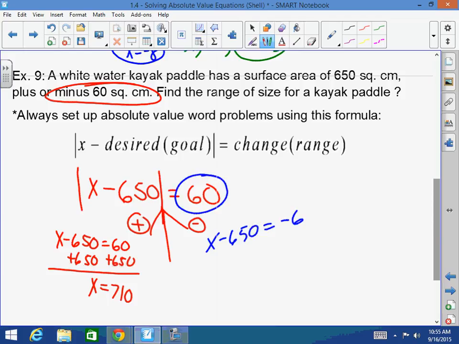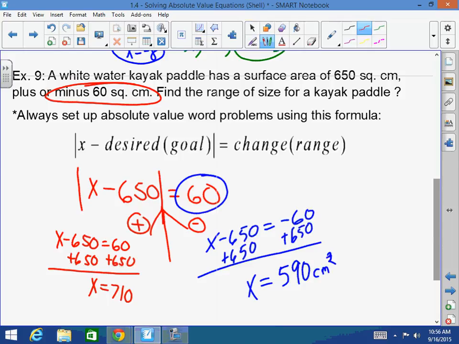Remember, I multiply the non-absolute value side by a negative. Add 650 to both sides, and x equals 590. And these are square centimeters, which you always have to label, guys, because if not, the reader doesn't understand what you're talking about.